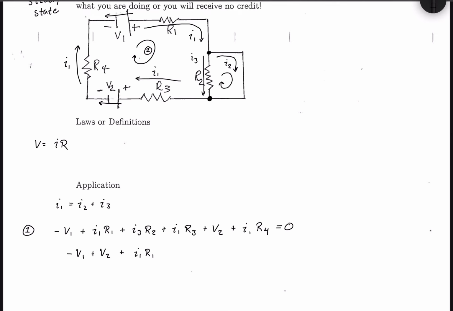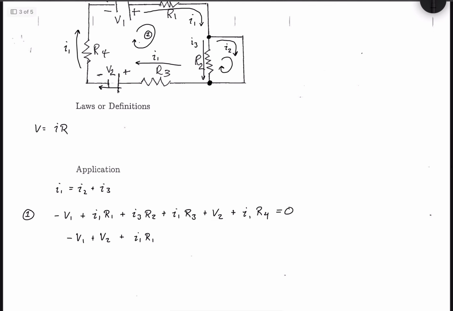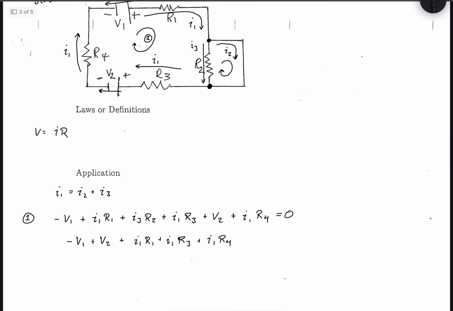Oh, I accidentally wrote current 4. That's why I'm confused. Okay, so plus current 1 times R3 plus current 1 R4, and then we'll have just one thing with current 3 going through it.